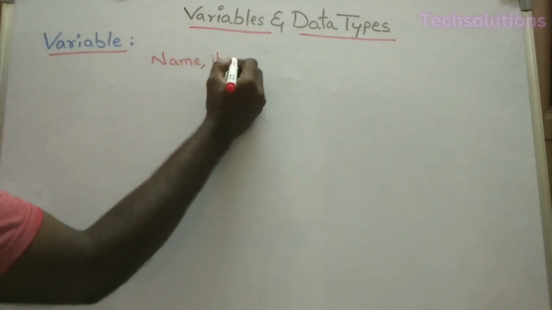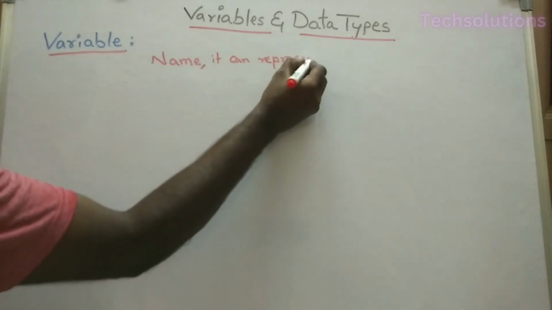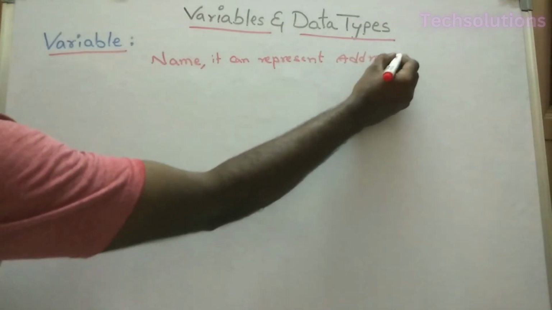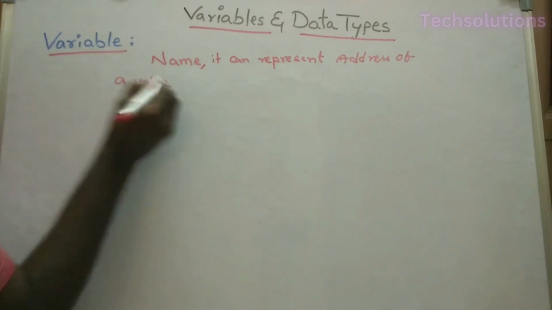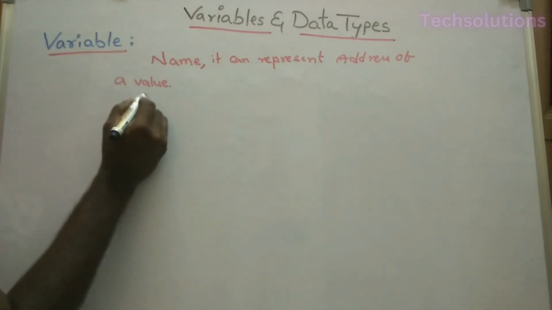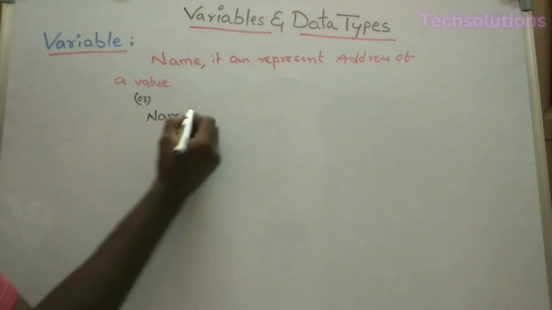It can represent the address of a value. That means whatever value we store, that value's address will be represented by the variable. We can simply say the variable is a name, right?